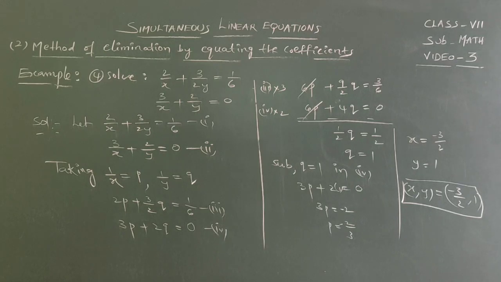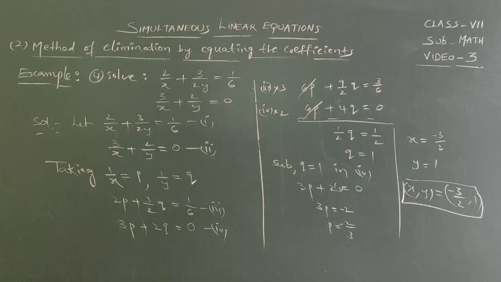The equation converted into 2p plus 3 by 2 q equal to 1 by 6, and 3p plus 2q equal to 0.